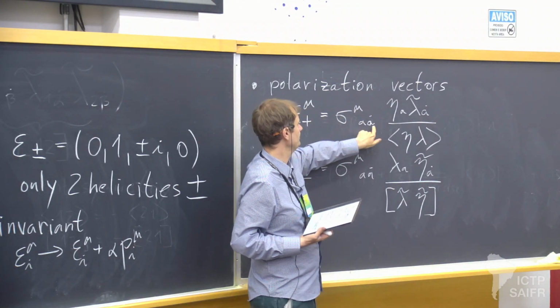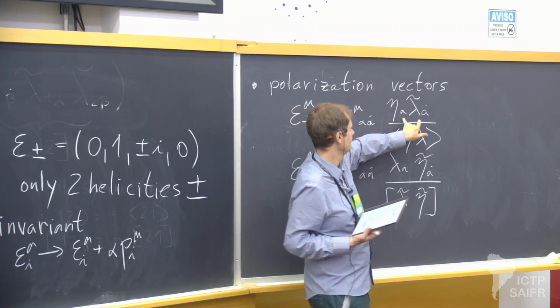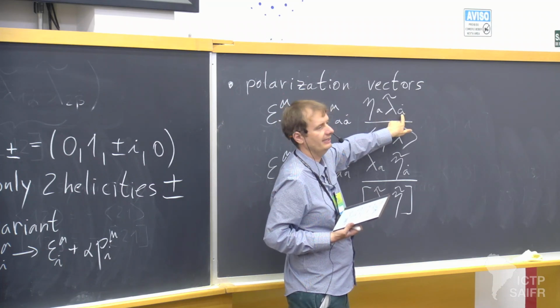We turn it into two indices, A and A dot, as we did with the momentum itself. Now, this is a product of two spinors, one with the A index, the other with the A dot index.